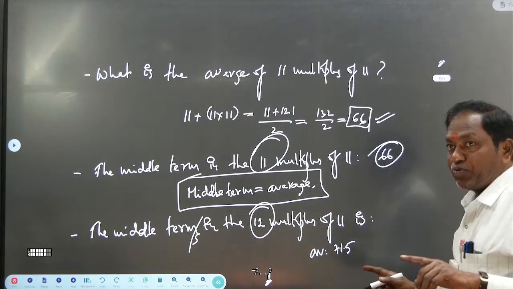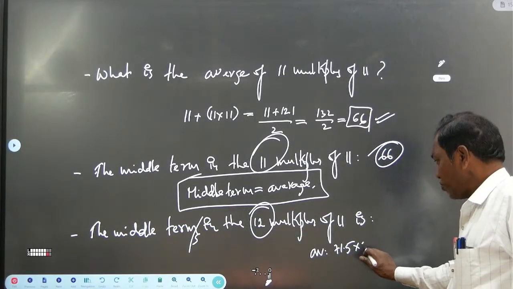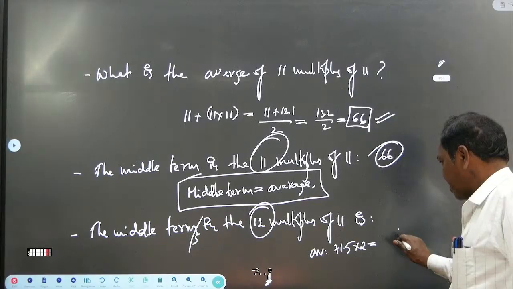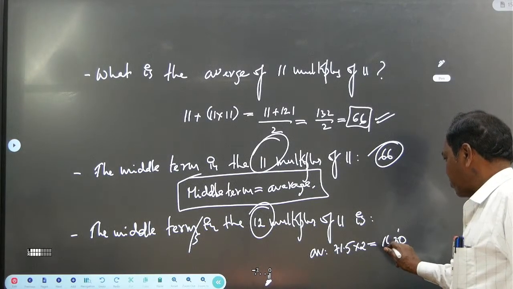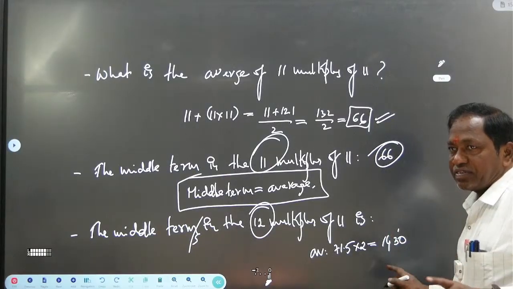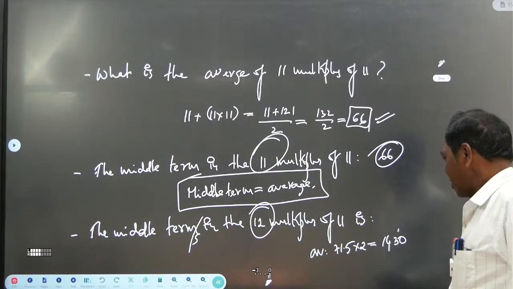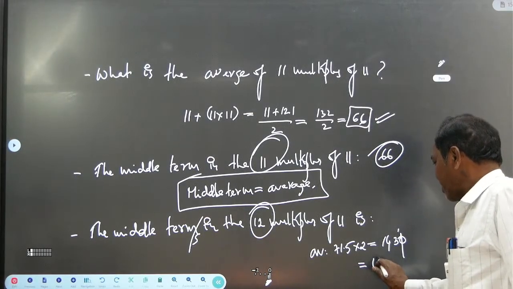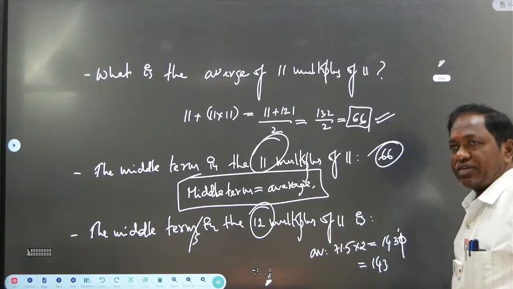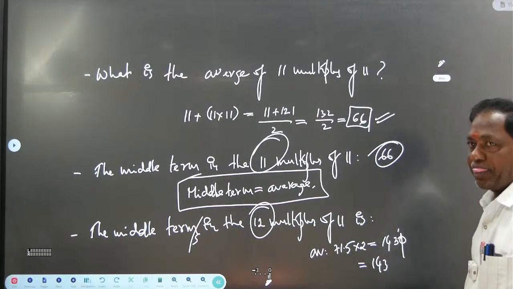You have to take two numbers, the sum of two numbers, into 2. The sum of the two middle terms is 143. Take 143.